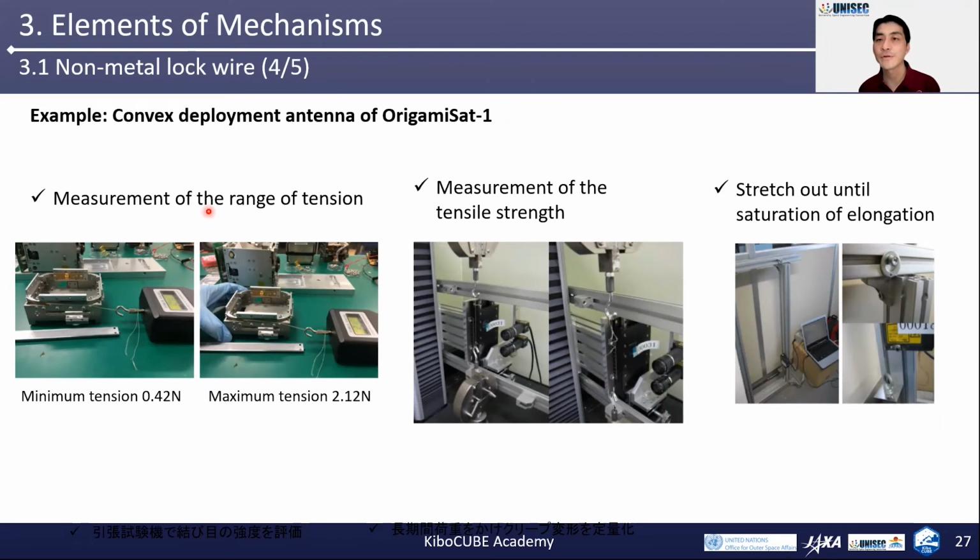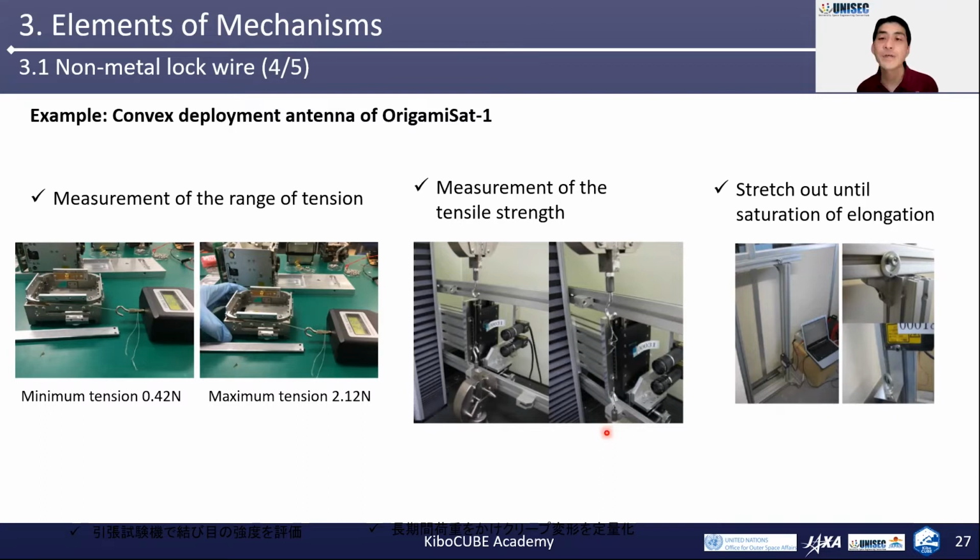The measurements of range of tension and of tensile strength, as well as stretching out until saturation of elongation were conducted. First, we measured the allowed range of tension. We found the minimum tension is 0.42 Newton, and the maximum tension is 2.12 Newton.